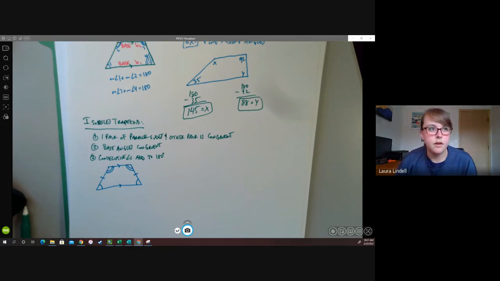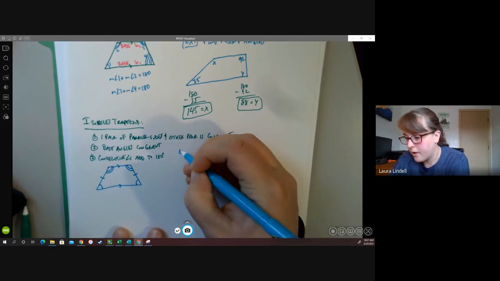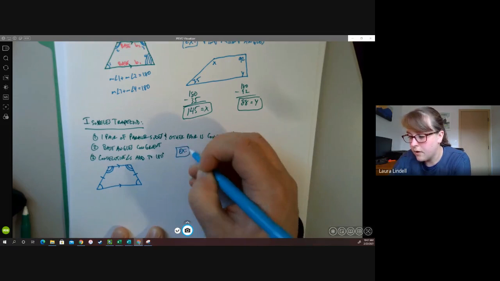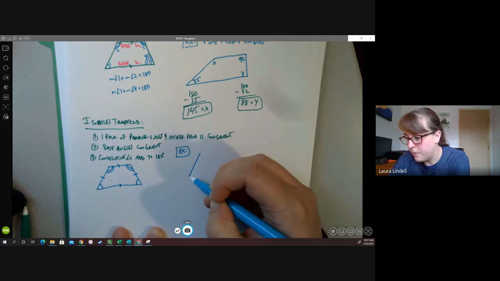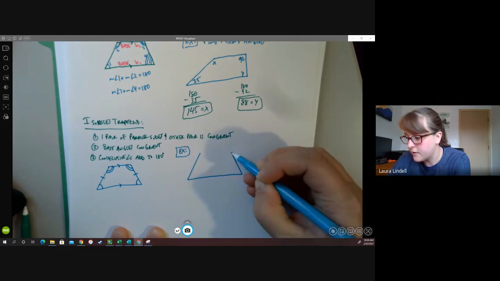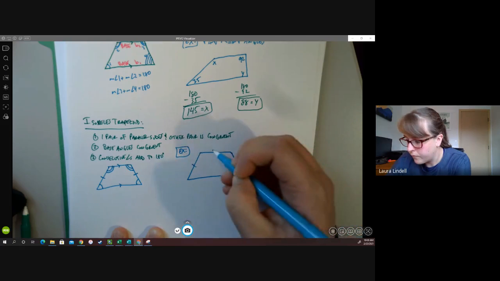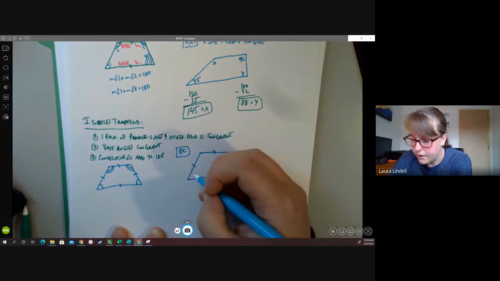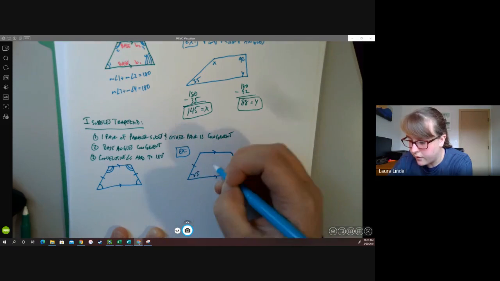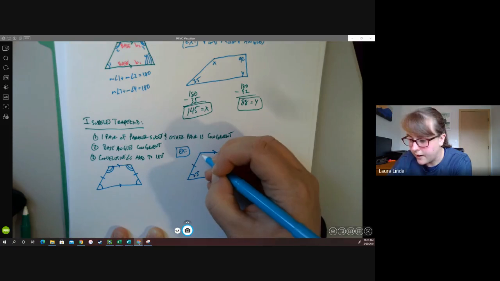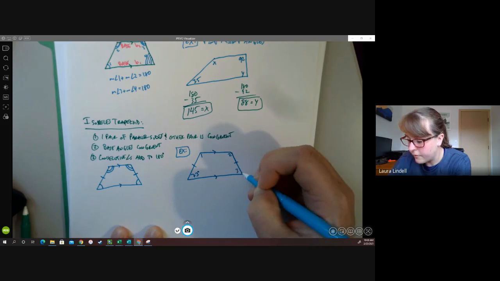Okay. So for an example on this one, you could be given a picture like this, and know that this angle is 73 degrees, and be asked to find angles 1, 2, and 3.